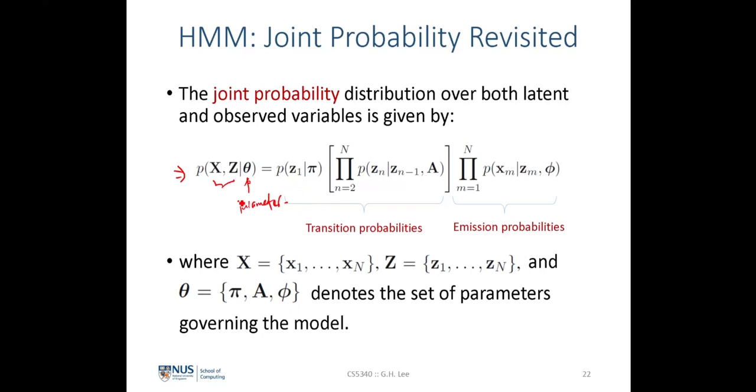And this can be written as the product of the prior probability and the transition probabilities, as well as the emission probabilities.